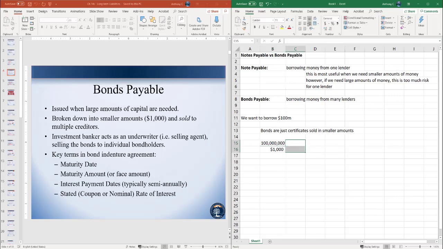If we split them into these smaller certificate amounts, you end up with 100,000 different little bonds. So we'd have 100,000 bonds, each worth $1,000.